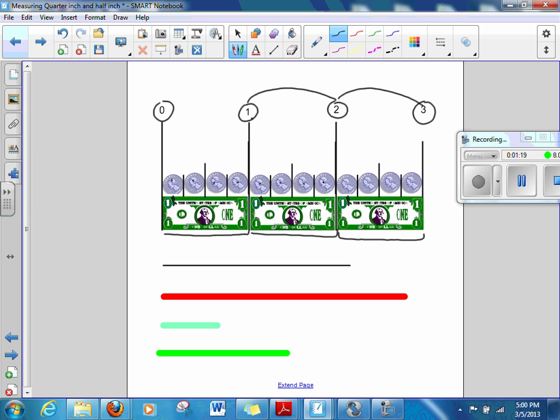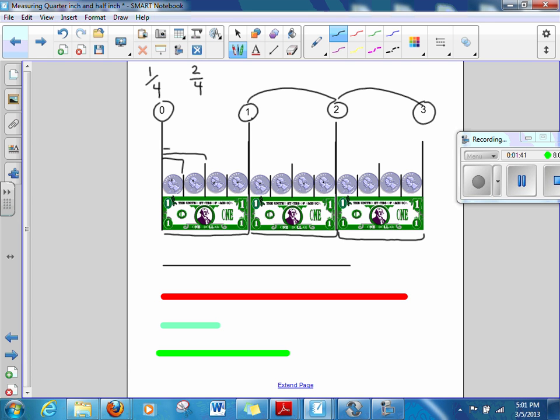Well, if we measured something that was from here to here, that would be 1 quarter. Of course, one way to write 1 quarter, you could say 1 quarter, or we could say 1/4. From the 0 mark to here would be 2 quarters or 2/4.